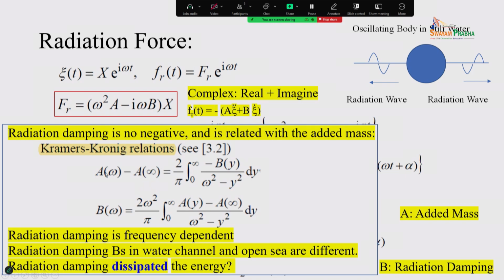If you know the radiation damping as a function of frequency, you can calculate the added mass. If you know the added mass, you can calculate the radiation damping. Again, radiation damping is energy loss from the buoy, but not energy loss from the world.